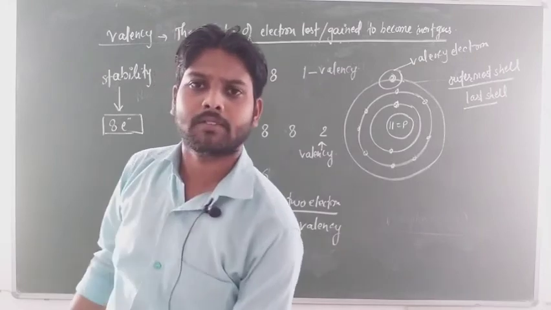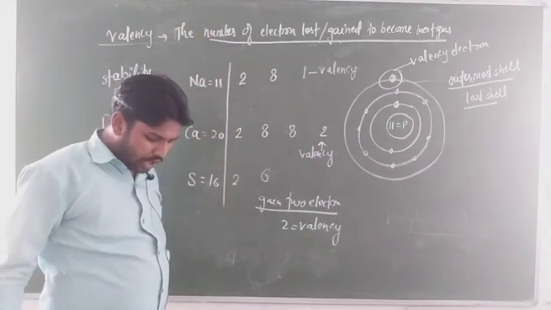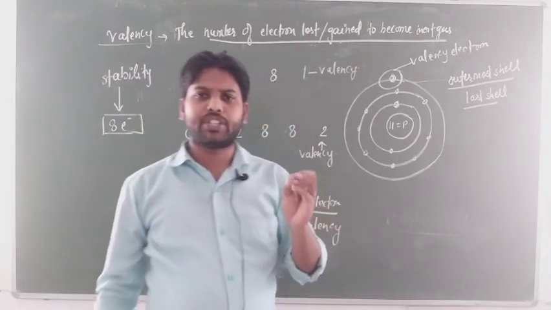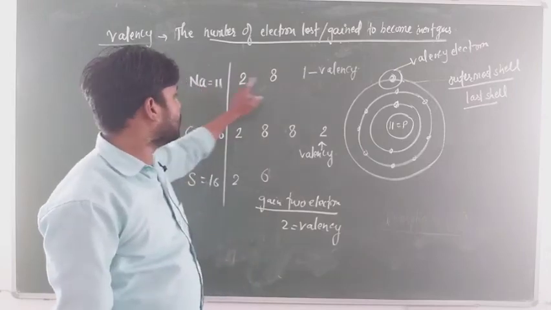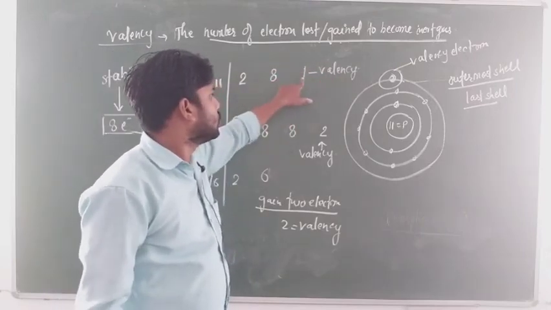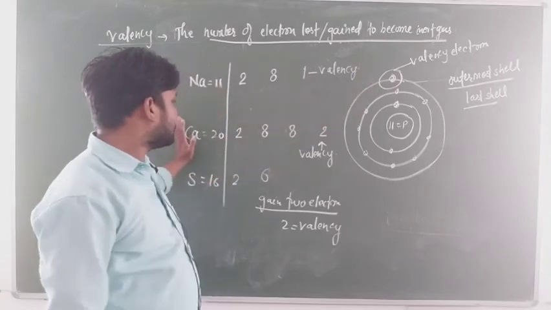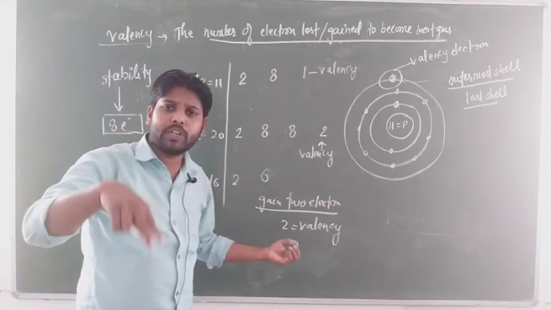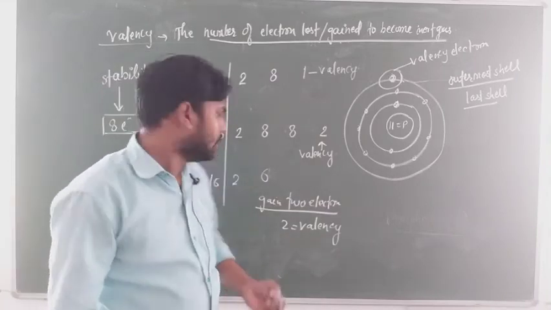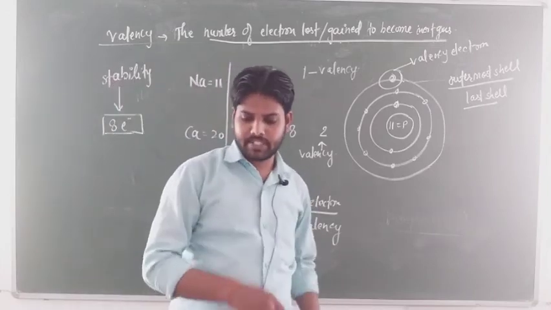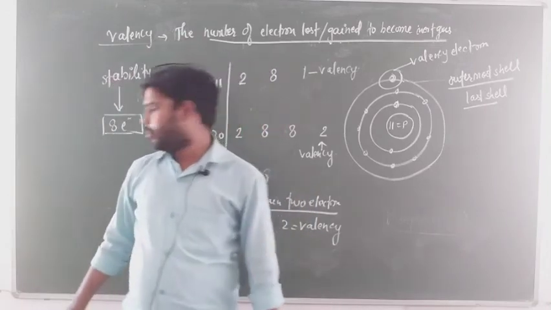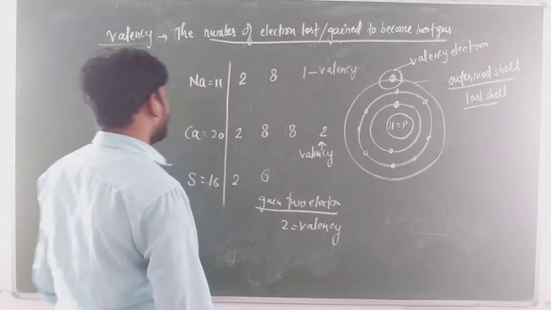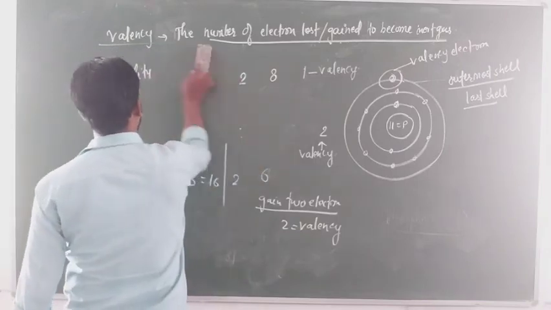The number of electrons lost or gained to achieve stability, to become an inert gas, that will be its valency. So here, if sodium loses 1 electron, it becomes stable, so 1 will be its valency. If calcium loses 2 electrons, 2 will be its valency. Sulfur gains 2 electrons to complete its stability, so here 2 will be its valency. Clear, students? Now many questions are given in the book to calculate the valency of an element.